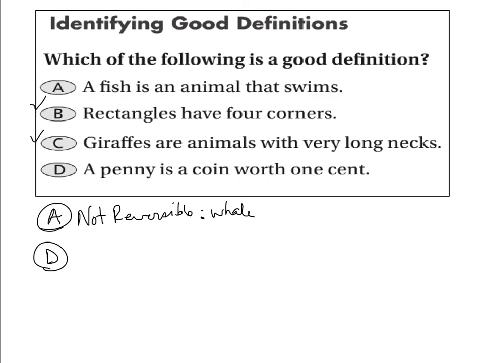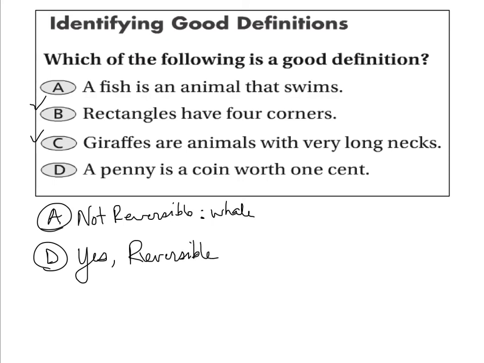A penny is a coin worth 1 cent. If I were to write this as an if-then statement, if the coin is a penny, then it's worth 1 cent. That's true. If I were to flip that around, if the coin is worth 1 cent, then it is a penny. That's also true. Yes, that's a good definition because it is reversible.